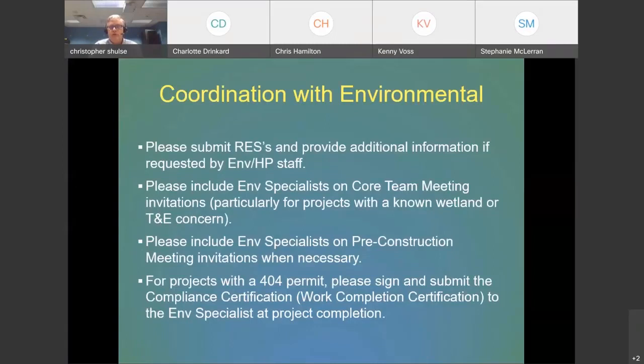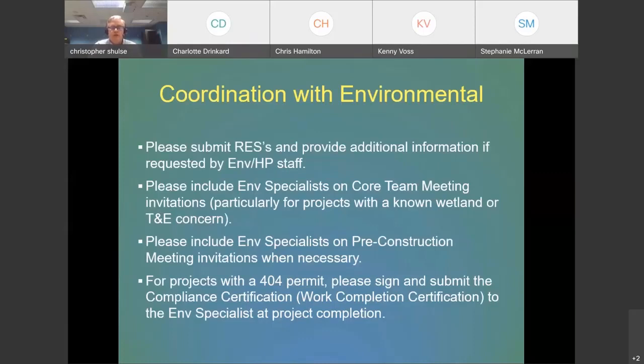Please include our specialists on core team meeting invitations, particularly for projects with a known wetland or endangered species concern, so that we can explain what we're doing, why we're doing it, and get your questions answered, and also give our staff a chance to ask questions.